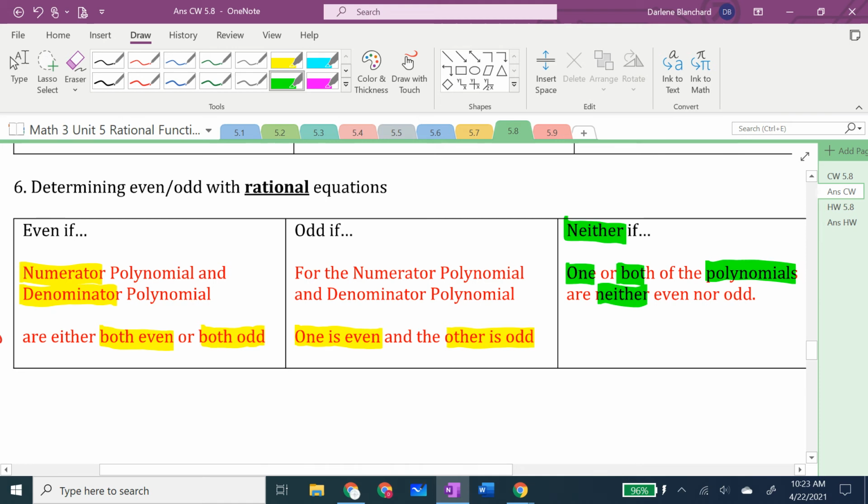But if both your numerator and your denominator come up even or odd, then both even or both odd give you even, because a negative divided by a negative goes back to positive. But one even and one odd is dealing with a division of a negative and a positive, and that always comes up negative. And that is exactly why the even and odd goes with that information.